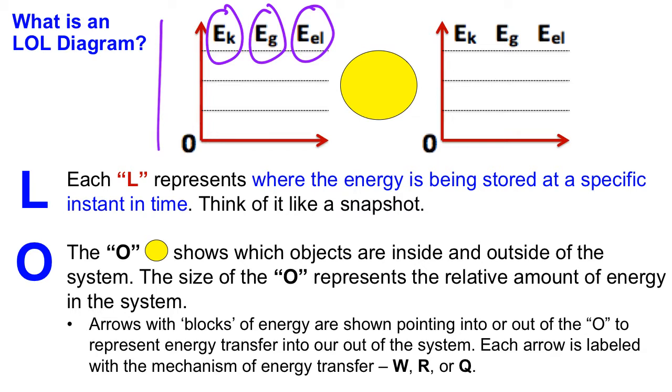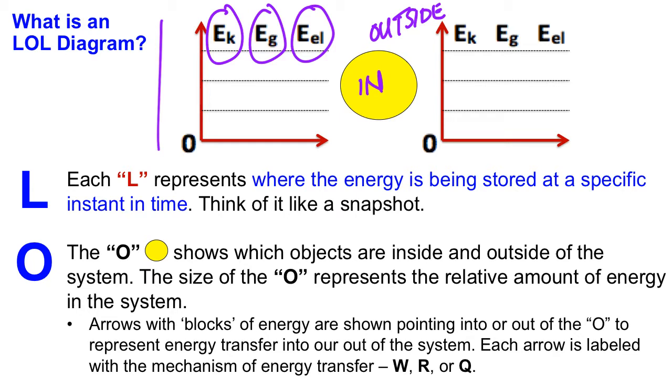When we get to the O's, the O represents the system, and it's going to tell us which objects are in the system and which objects are outside of the system, in the surroundings or the environment. We're going to do that by writing the objects that are in the system in the O. And any objects, including air, that are outside the system, we're going to write outside the system.